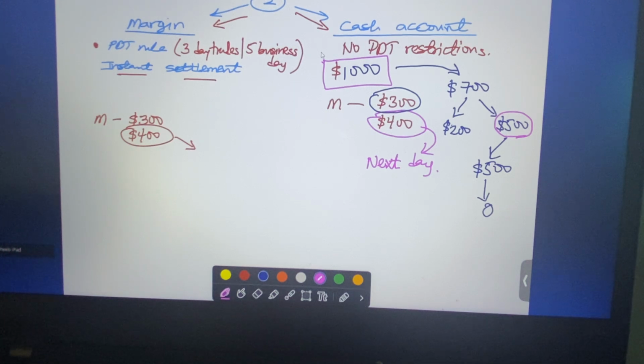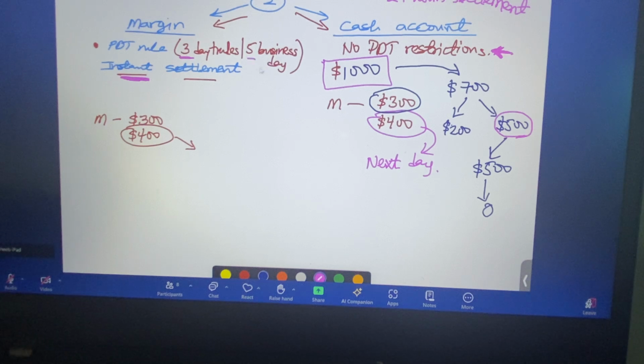So cash accounts need a 24-hour settlement period, but there's no PDT restriction. It means you can trade as much as you want. A margin account does have instant settlements, but you're limited to 3 day trades for 5 business days.